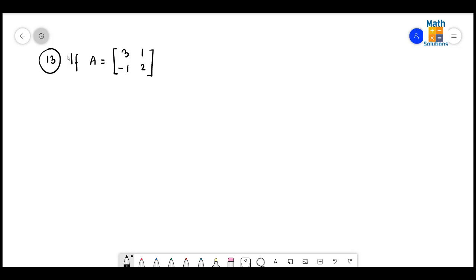After that, show that capital A square minus 5A plus 7I is equal to a null matrix. Hence find A inverse.